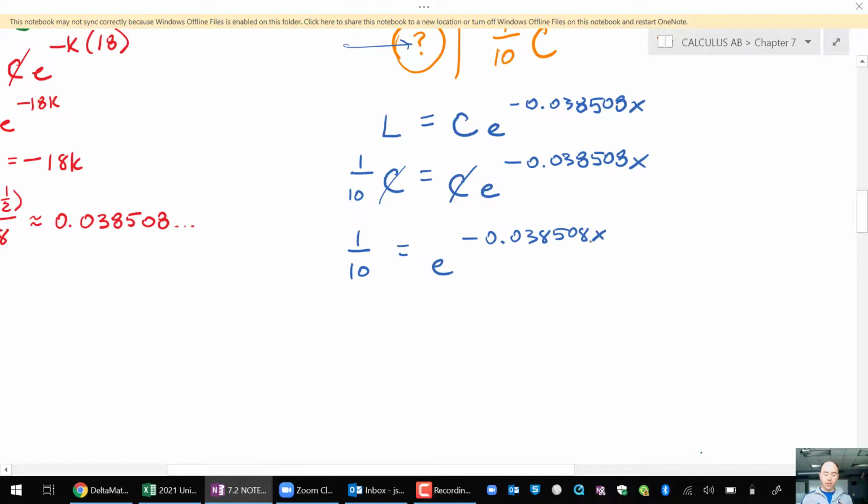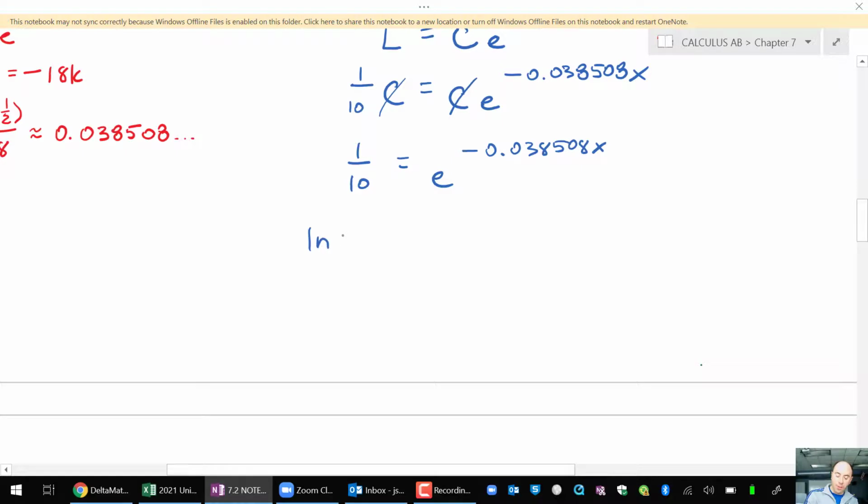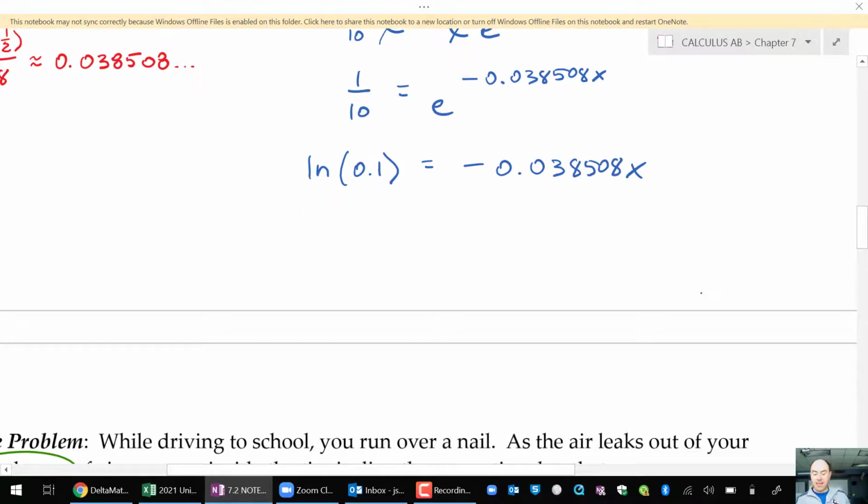All right, let's see here. Looking for x, so I want to take the log of both sides. Once again, the log of 1/10 equals negative 0.038508 times x. And then finally, divide both sides by the decimal right there, and we'll have x isolated.